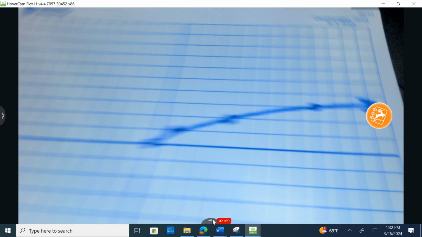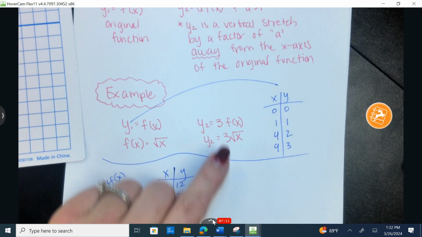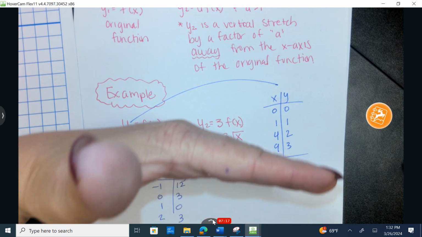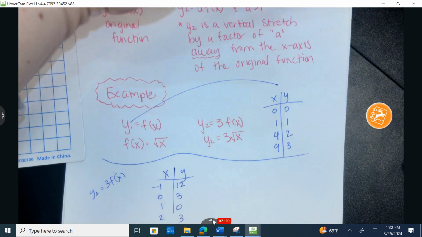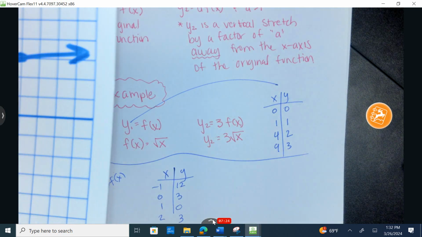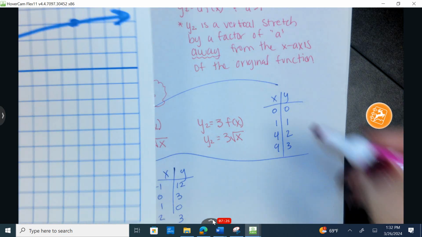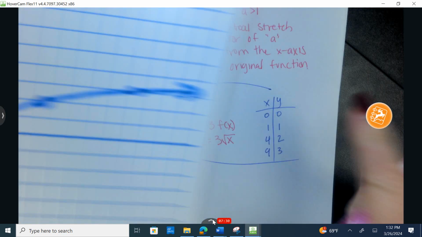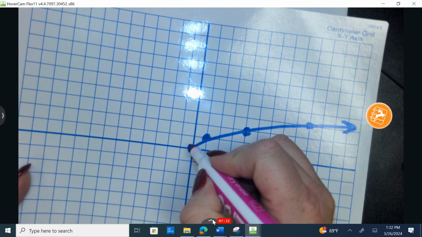Now what happens when I see the value of 3 in front? When I see a value of 3 in front, I know right away it's going to be vertically stretched. It means it's going to be pulled away from the x-axis. It's going to rise at a faster pace. Vertically stretched by a factor of 3. So each of these values is going to be multiplied by 3. Instead of 0, 0, well, 0 times 3 is still 0.